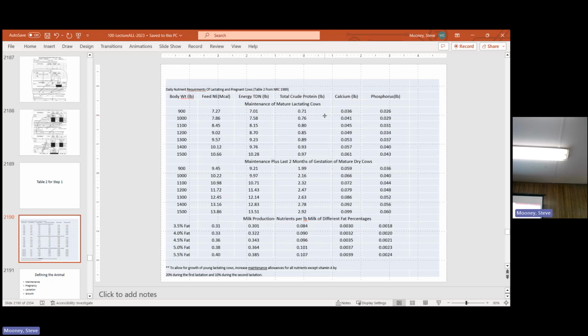What's the ratio there? More or less, 1 to 3. When you say she's 3 times maintenance, that would be an example of a cow that's 3 times maintenance. She's putting out 3 times the calories in her milk that she needs for her body.